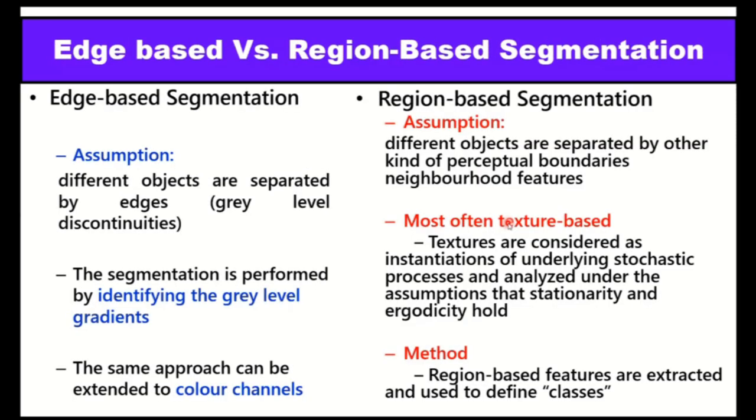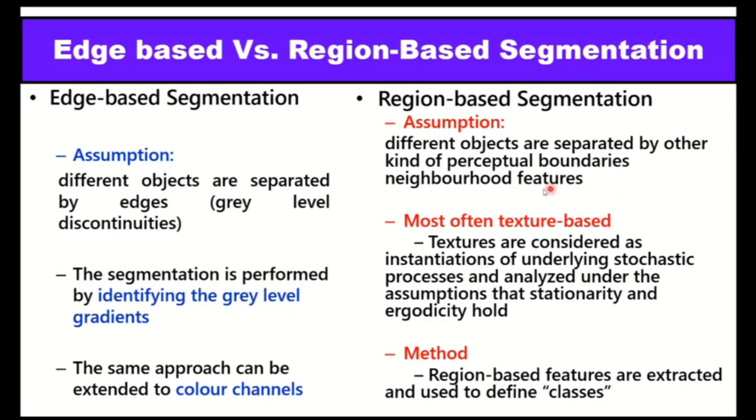So the edge based segmentation assumption is that objects can be separated by their edges so that shapes will be defined. So there are discontinuities in the object, so we can say that they are edges. In region based segmentation, you can separate by their perceptual boundaries or neighborhood.